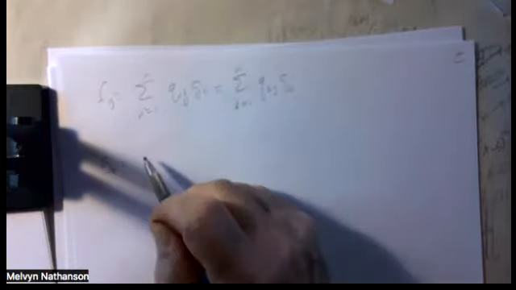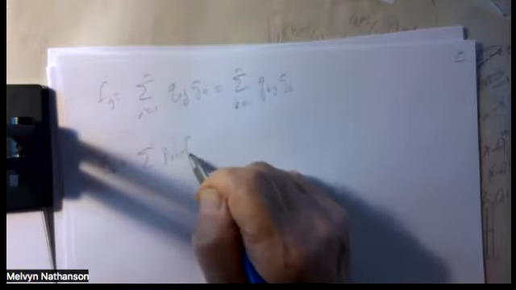But each g sub k is summation p_ik f sub i, i goes from 1 up to n. This is how we express every vector in the basis G as a linear combination of the vectors in the basis F, and I can plug that in here.